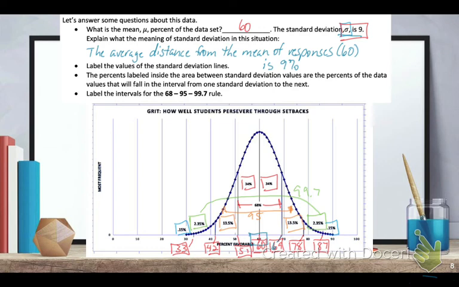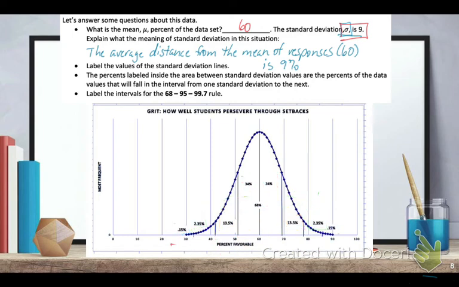Now let's label those standard deviation lines. So I've got them nicely labeled, but I'm just going to start over for you. So we know that the mean is 60. And then our standard deviation is 9.